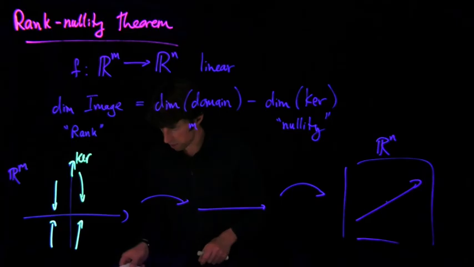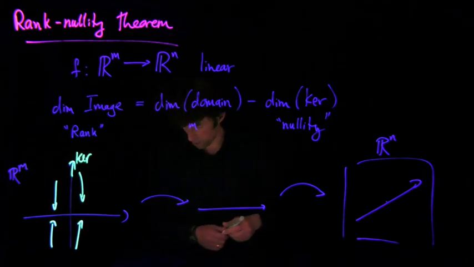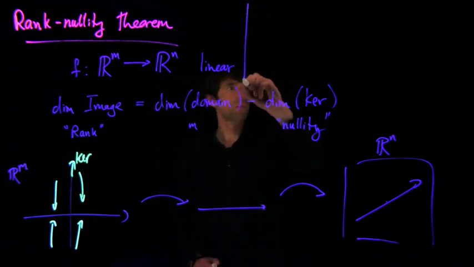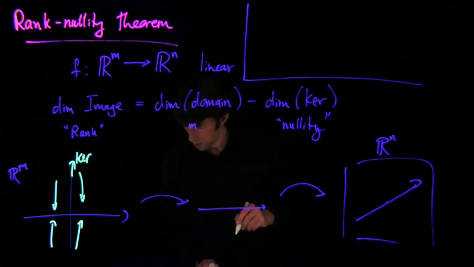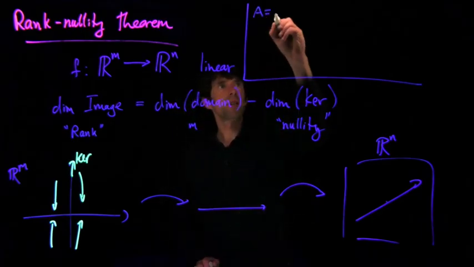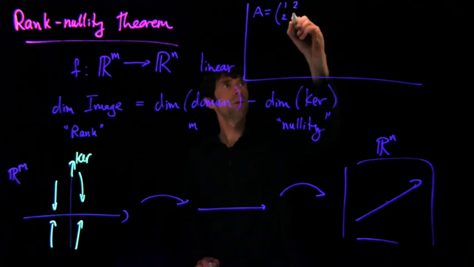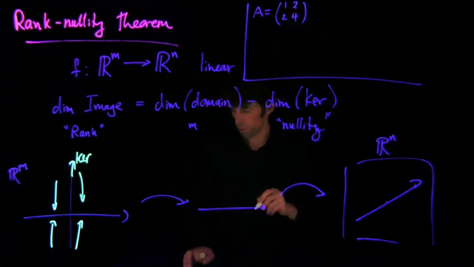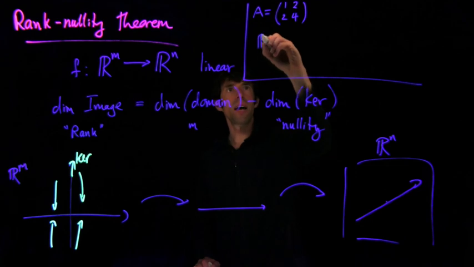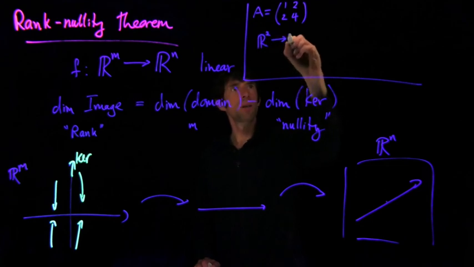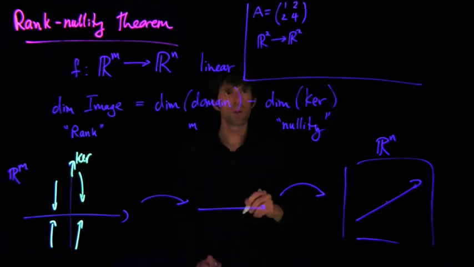Let's see if we can work out a simple example here. Let's look at this matrix A, (1, 2; 2, 4), that we had from the previous example. So we're looking at a map from R^2 to R^2.